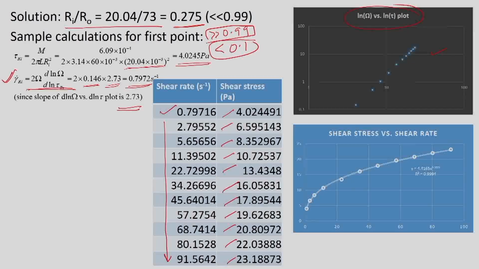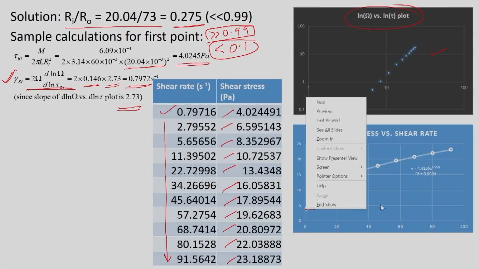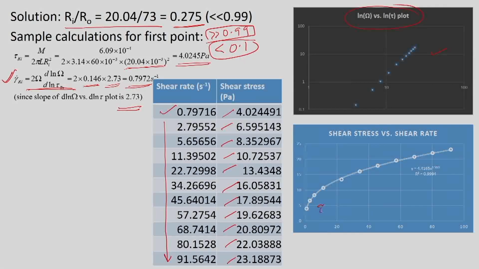Now, if you plot shear stress versus shear rate, tau versus gamma dot, we can see that this fluid is showing some amount of tau naught, that is yield stress, and after crossing this yield stress it shows a kind of shear thinning behavior, with n equal to 0.3661 and m equal to 4.4166.